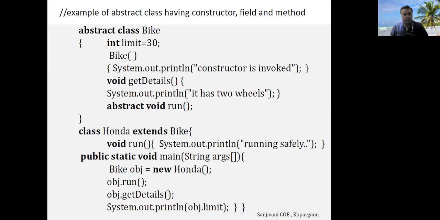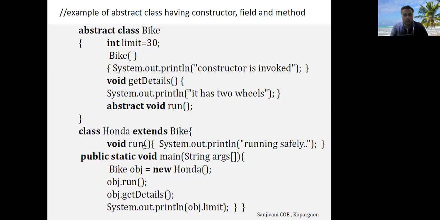Then we define methods: getDetails and run. run is an abstract method, and getDetails is a concrete method where the implementation is defined in the same class, whereas for run only the declaration is provided and the implementation is provided inside the derived class.